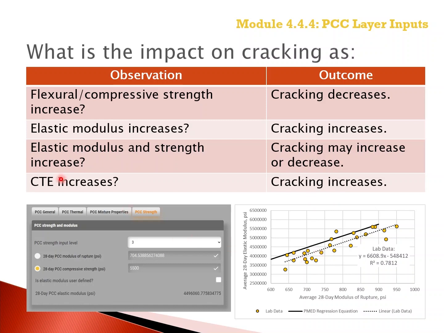So it's going to depend on the rate of increase of the modulus and strength of the mix. So what is the impact on cracking if the coefficient of thermal expansion increases? And as the CTE value increases, the amount of cracking and faulting will also increase, because the slab will exhibit a greater change in length with temperature changes throughout the slab.